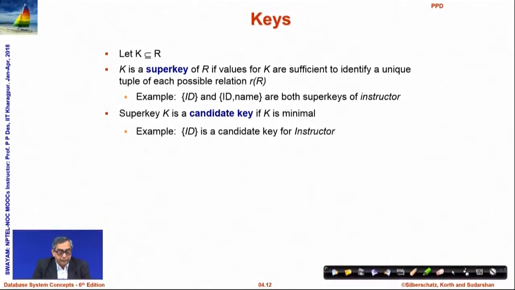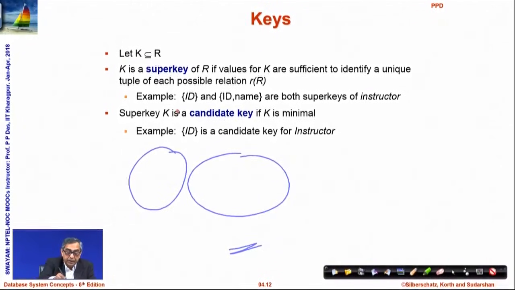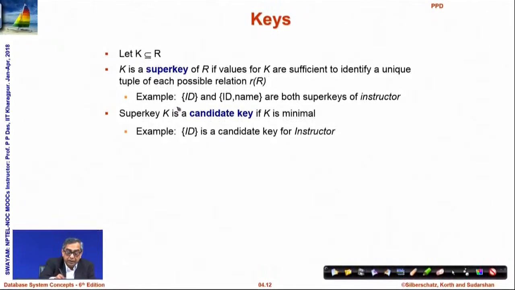Now, we say a super key K is a candidate key if K is minimal. So, the idea is like this: this is a super key, this is also a super key, but certainly this is a subset of, smaller than, this.